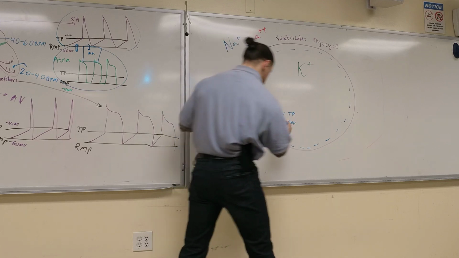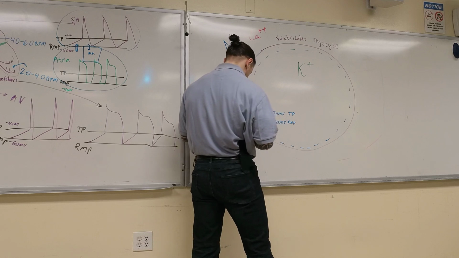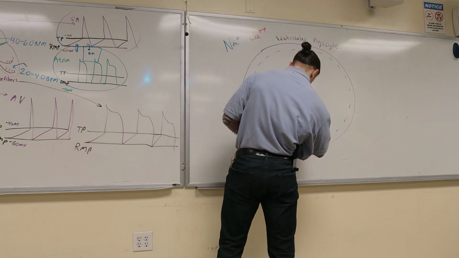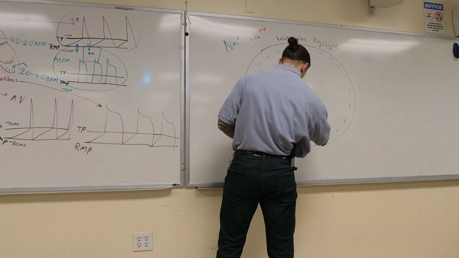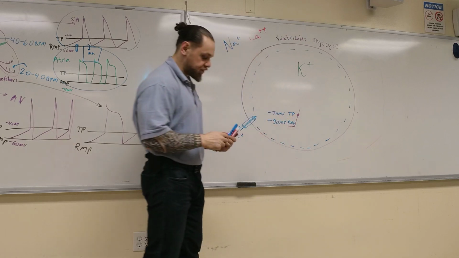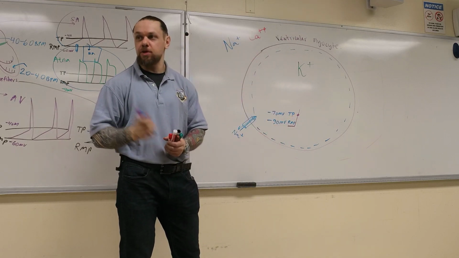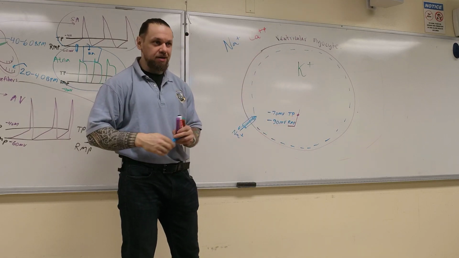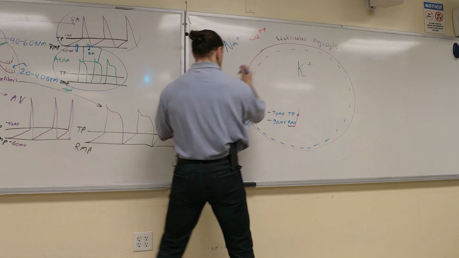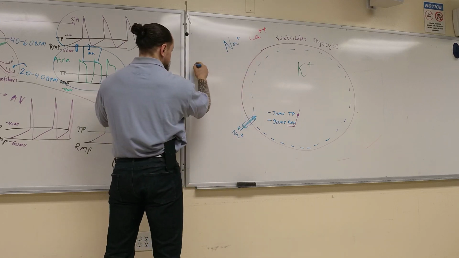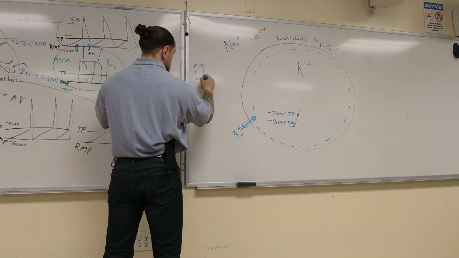So it's able to do so, and let me draw. Now it went to this point, and at this point, voltage gated sodium channels open. You guys remember in the resting phase, the sodium channels, so let me draw. This was a sodium channel in the resting phase.